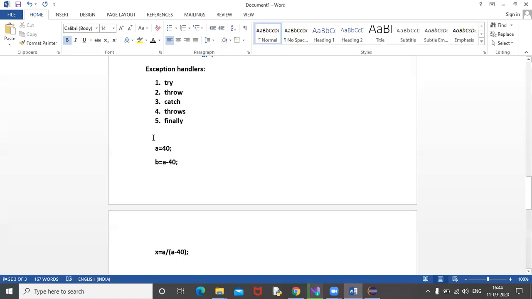let us assume a whole lot of code is there before that. A huge amount of code is there, not just 2 lines.